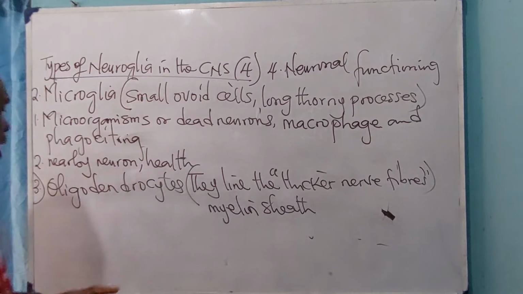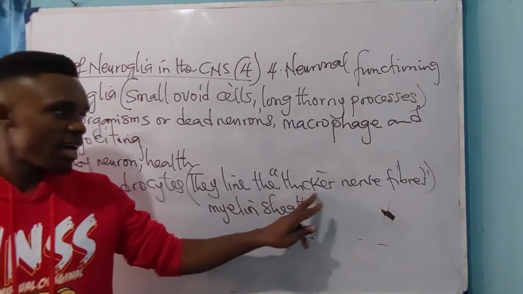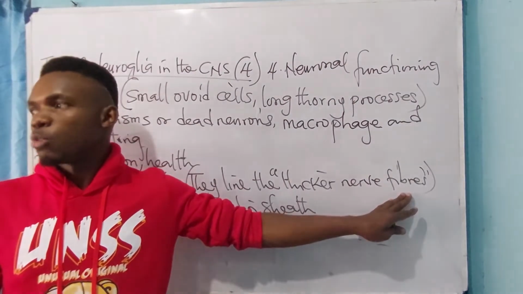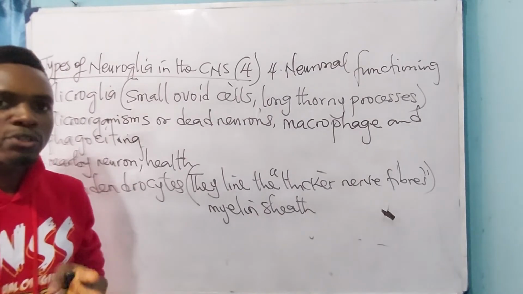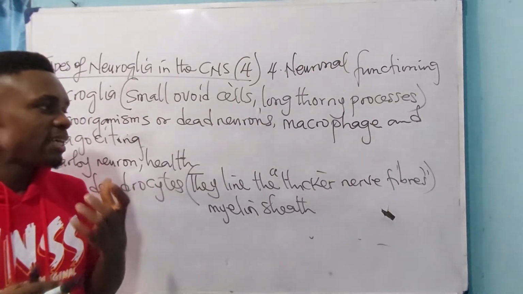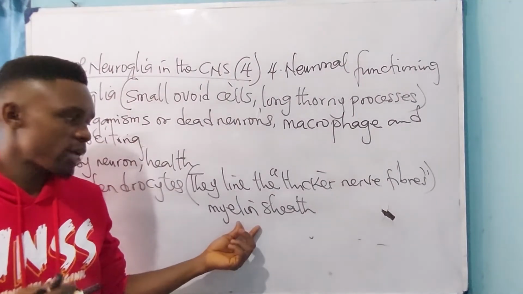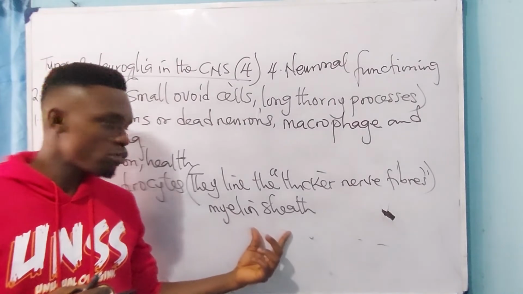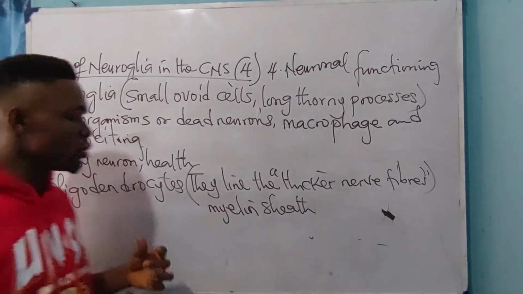I'll recap: they line the thicker nerve fibers present in the central nervous system, resulting in the formation of a membrane which is insulative in function. It's called what? Myelin sheath. That is the function of the oligodendrocyte.